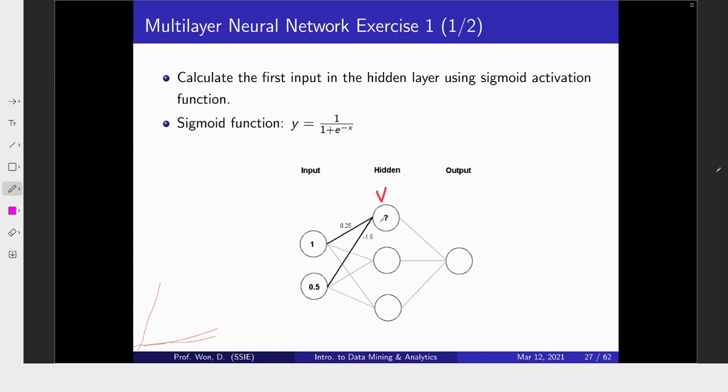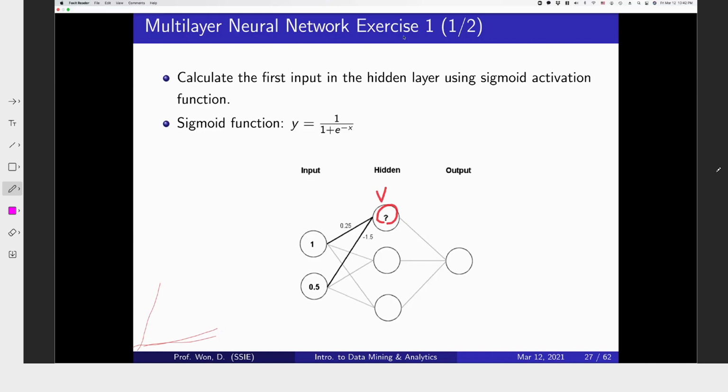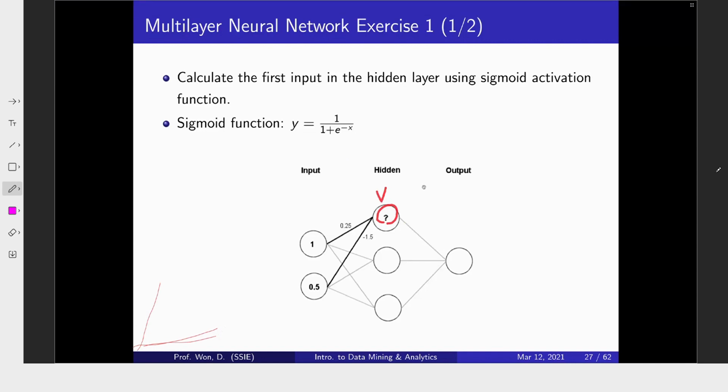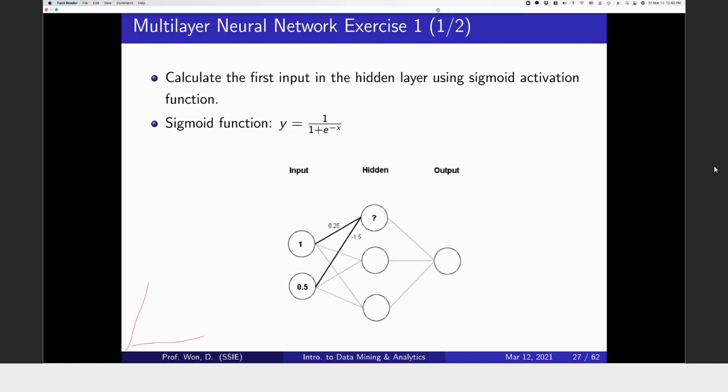So here, what is the value going to be? No one? No one here? Okay. Let's think about it.